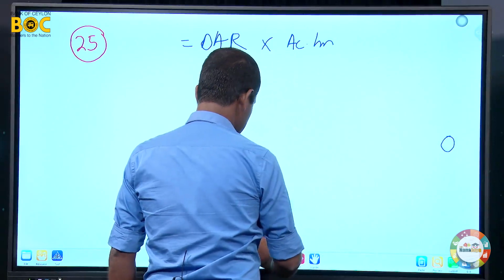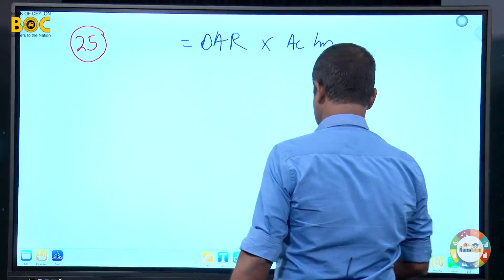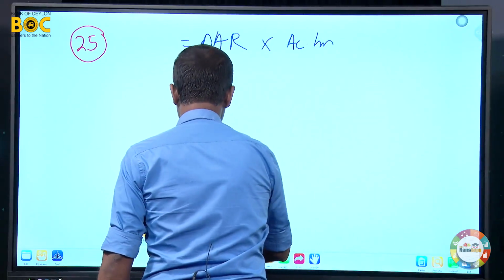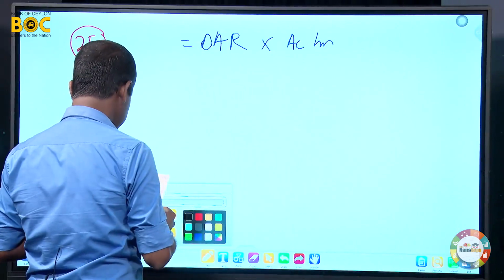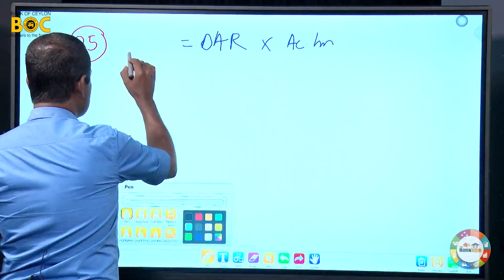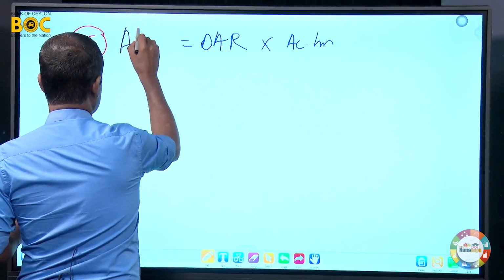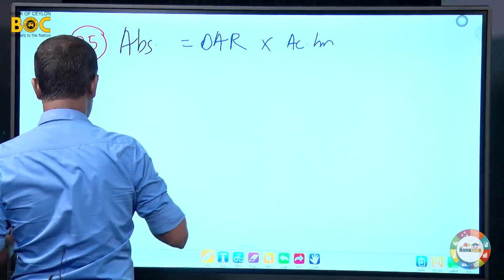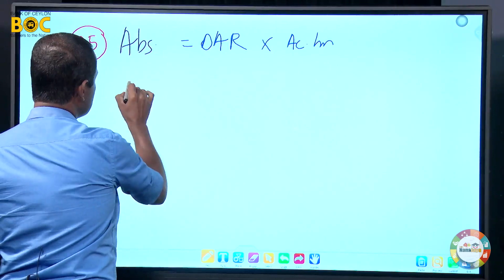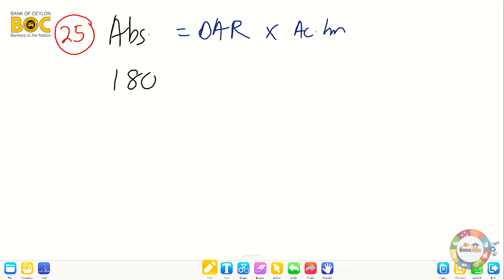The overhead absorbed is given. How much? 1,800,000 rupees is the overhead absorbed.